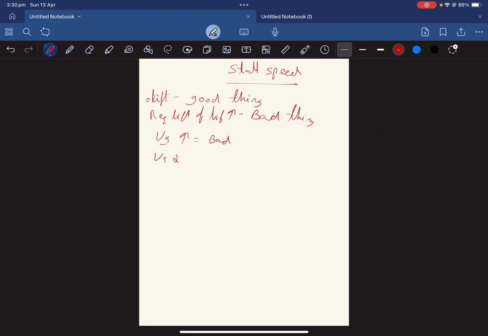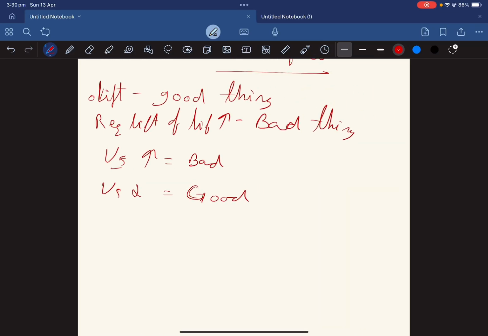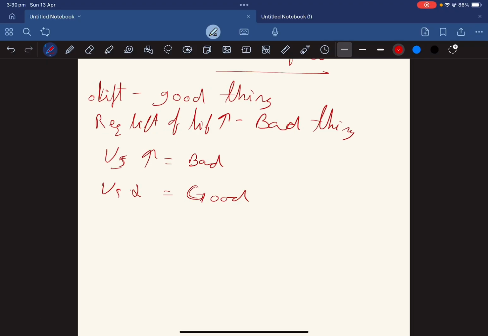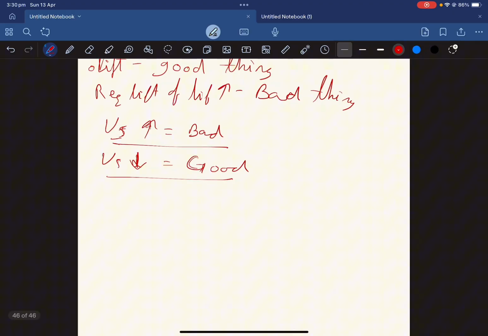Stall speed decreases, it's good. To be fair, when I was learning this as a student, I studied all this when I wasn't flying, so it never made sense to me why stall speed increasing is bad and decreasing is good. So I'll explain what this means. I'm sure most people already know, but for the people who don't, I'll tell you.